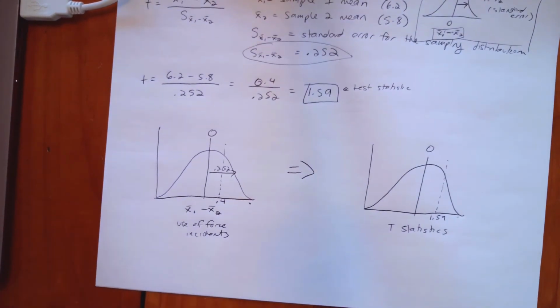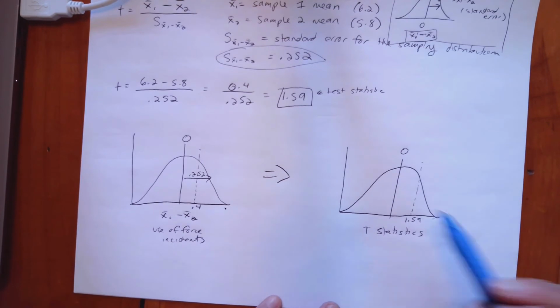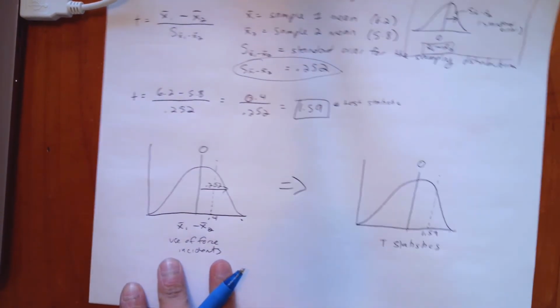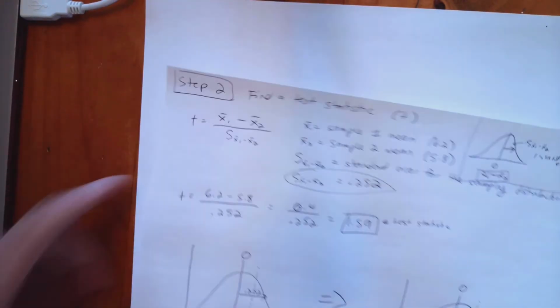So as always, the nice thing about working with the t-distribution or the normal distribution once it's standardized is that the standardized distribution is the same every time, and the area under the curve for different t-statistics is known. So with that in mind, we are going to now go to our next step, which is deciding whether to reject the null hypothesis.